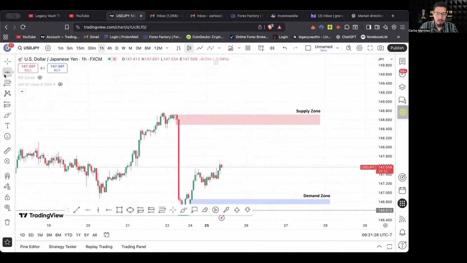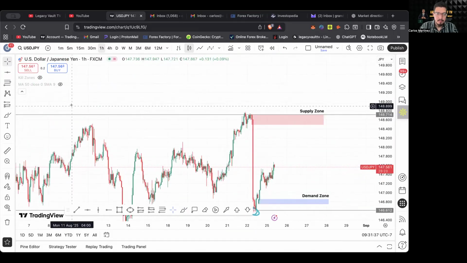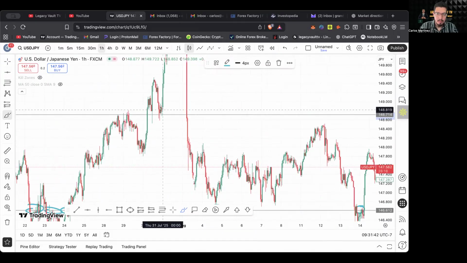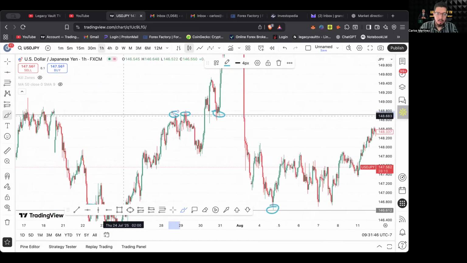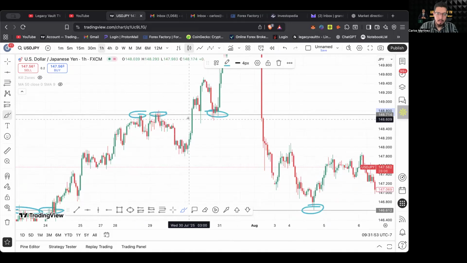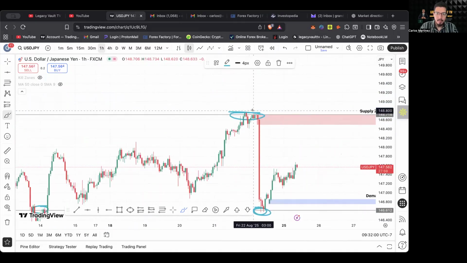And then we have our resistance around here. It's a strong resistance level. See here, here, here. It was a resistance level. We have a lot of activity going on here and here. It was a strong resistance level, broke above, came back to retest, broke below, it came back up to retest.